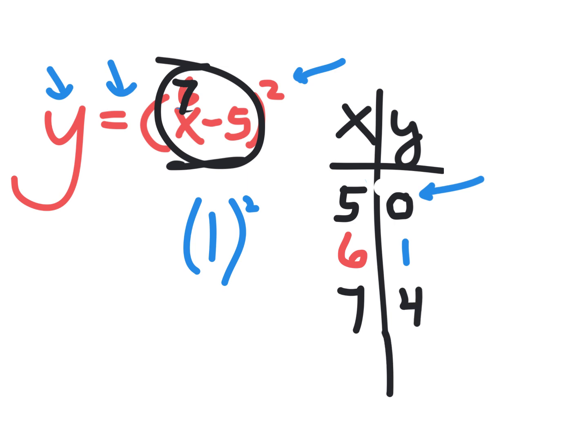We just put in 5, 6, and 7. Maybe we should put in 4. Lila, walk me through putting 4 in here. 4 minus 5 is? Negative 1 squared is 1. So 4 comma 1. You put in 4, you got 1.